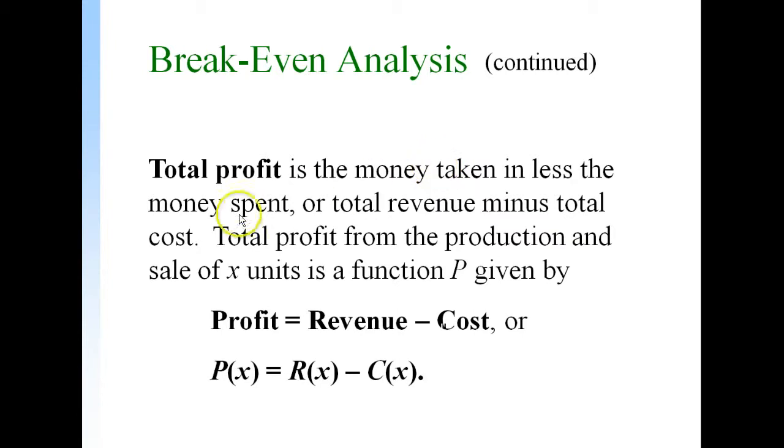So profit is equal to revenue minus the cost, or the profit is equal to the function of R minus the function of C. And that's what we just talked about.